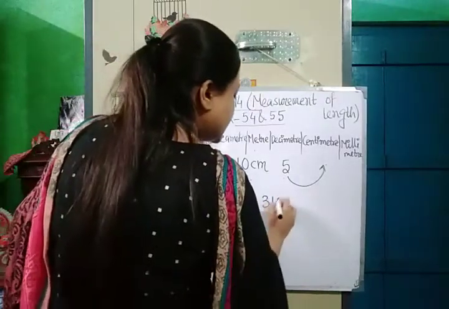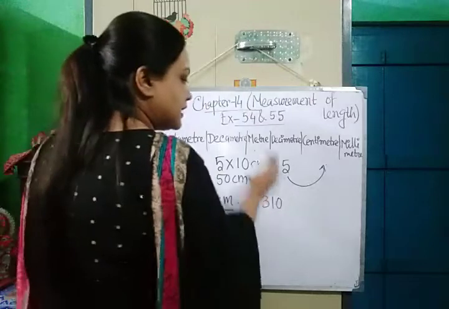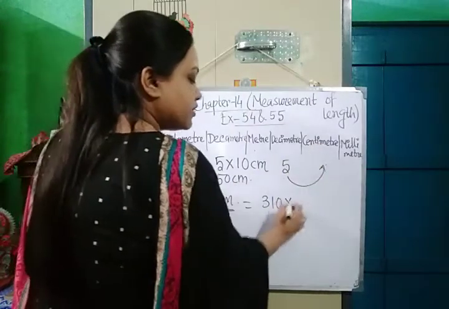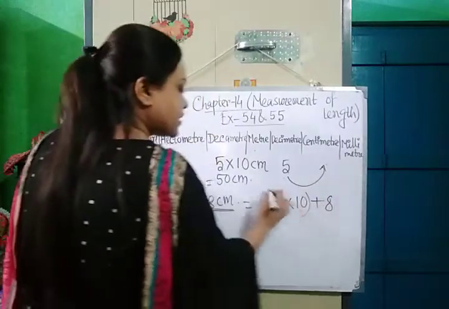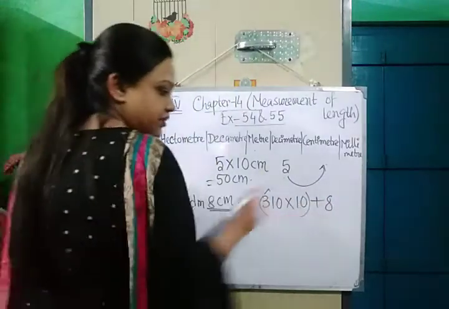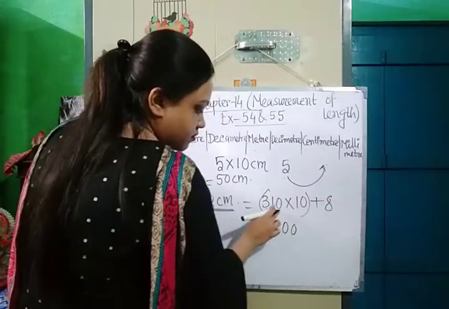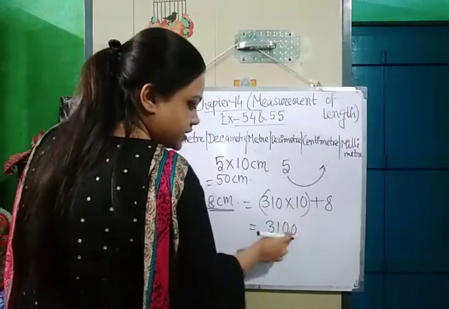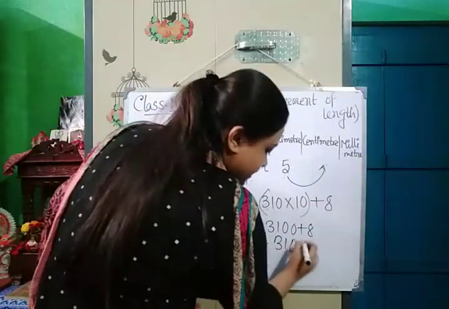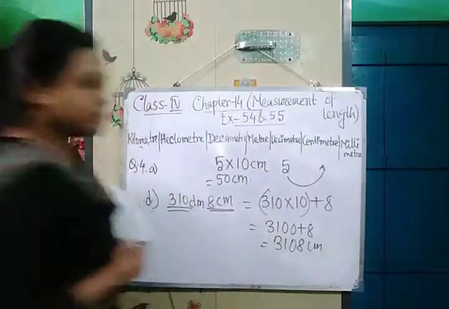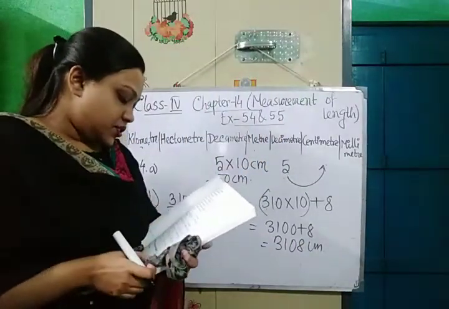By multiplying decimeter to centimeter, we will have to multiply 10 with it. Then we will add 8. So it will be 3100, after 310 we will put this 0, plus 8. So it will be 3108 centimeter. Okay. Hope this is clear.